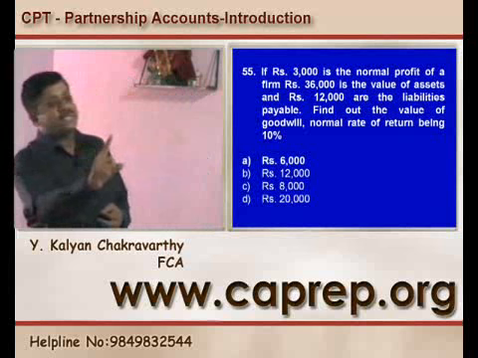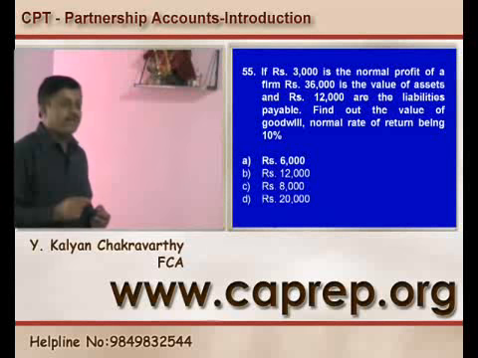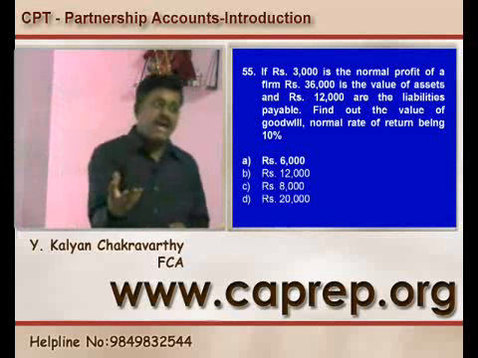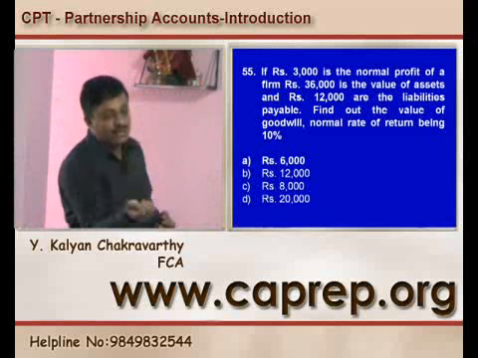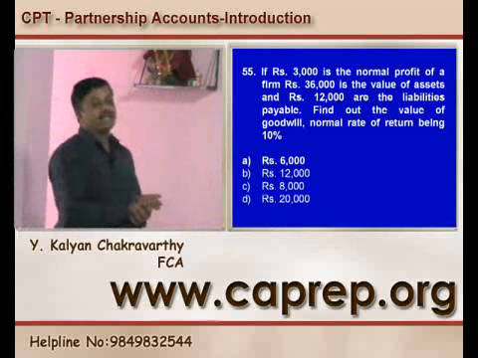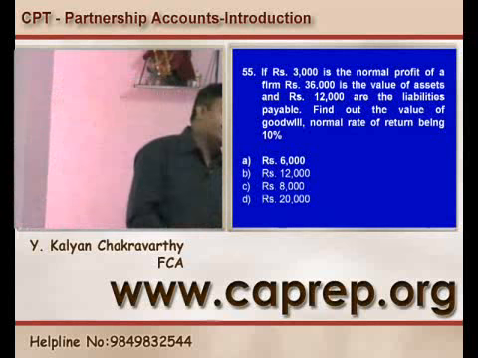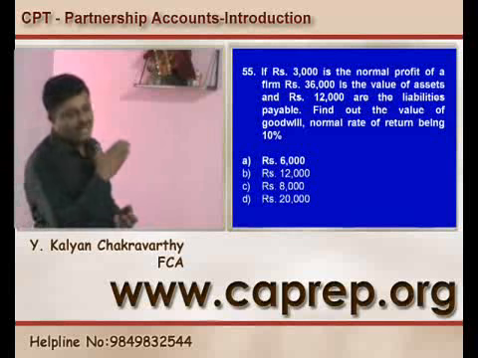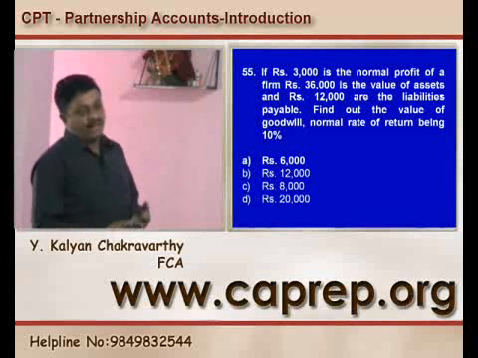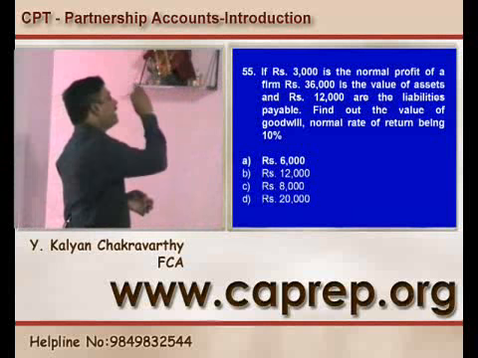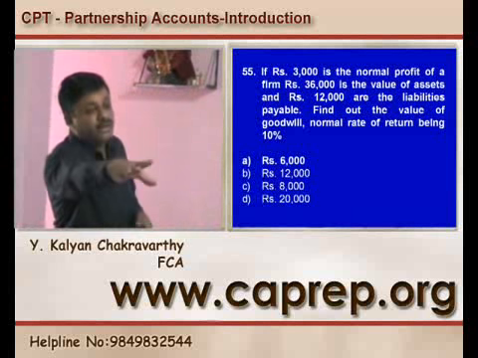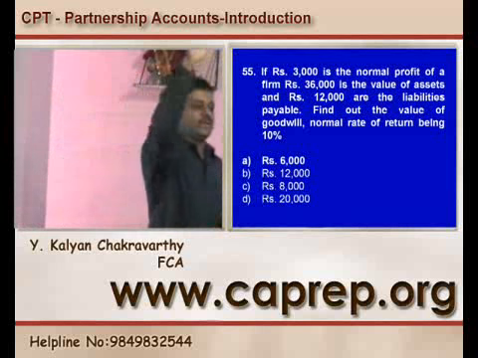Normal profit divided by normal rate of return will give you the value of the business, and if you subtract capital employed from the value of the business, you will get the value of the goodwill. And how do we get capital employed? Assets minus liabilities gives capital employed. Only by practice will you remember this, but it is definitely a very important question from the examination point of view.